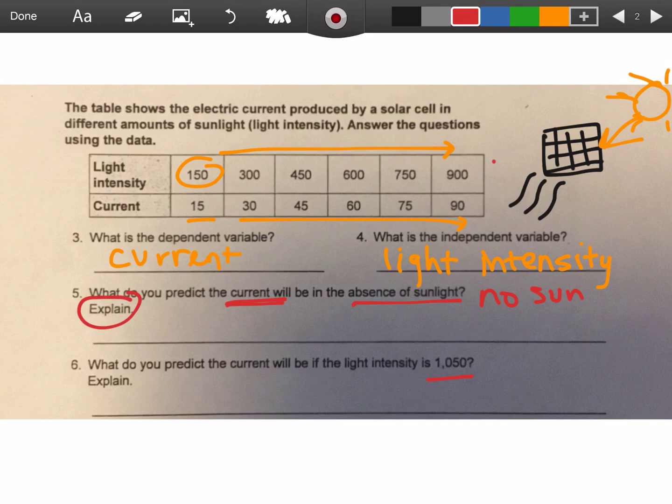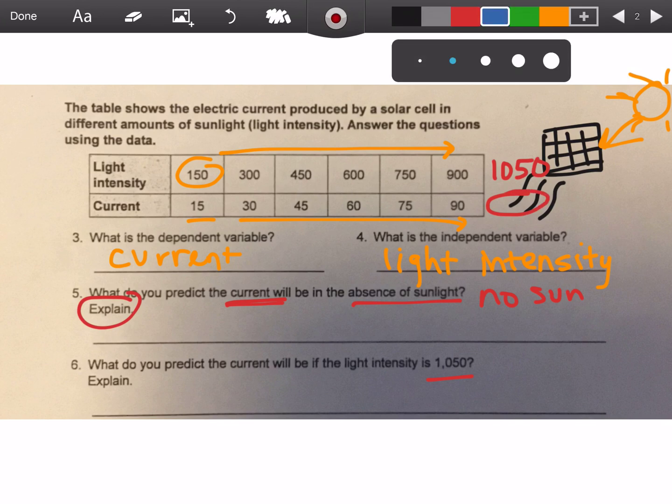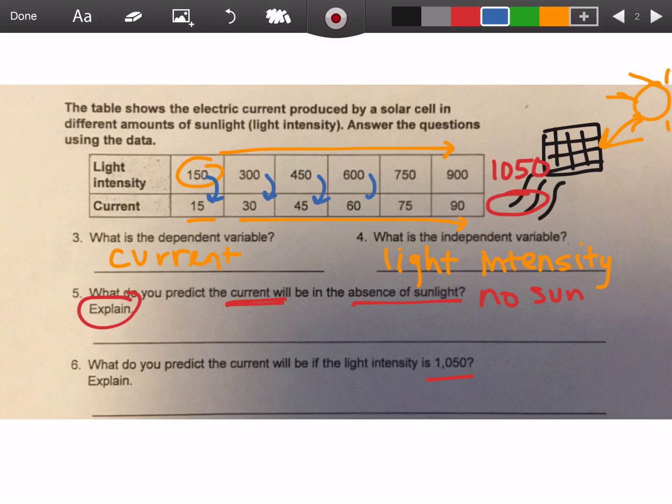Okay, so if this was 1050, what would the current be? Okay, so this is where you need to find your pattern. Think about what do we do to the light intensity to get the current? What is our pattern? And do that same thing for 1050. All right, and explain that you either multiply or divide or whatever to get the current.